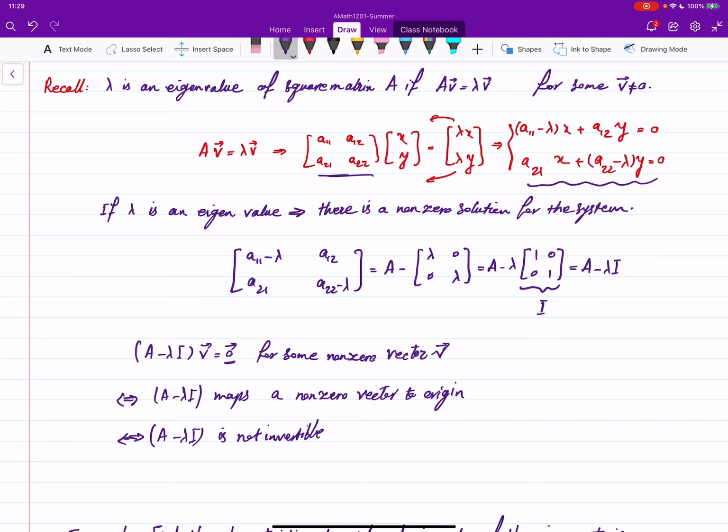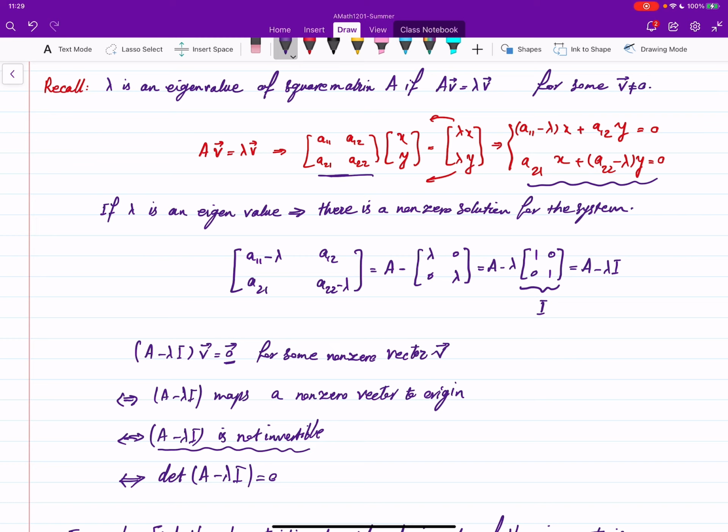You may ask, why are we going through all these steps? Because this is the starting point of a big, nice theory. A matrix defines a non-invertible linear vector field if and only if the determinant of that matrix is equal to 0.